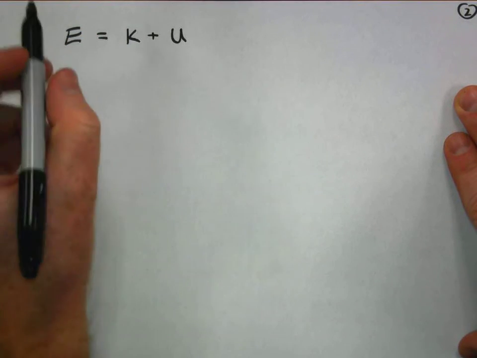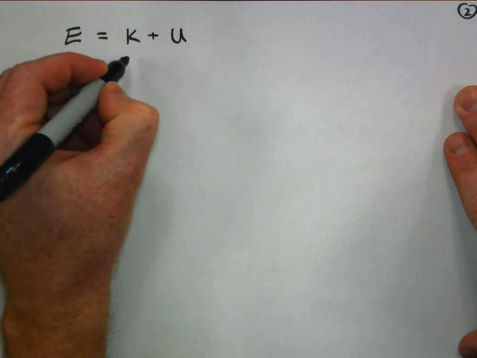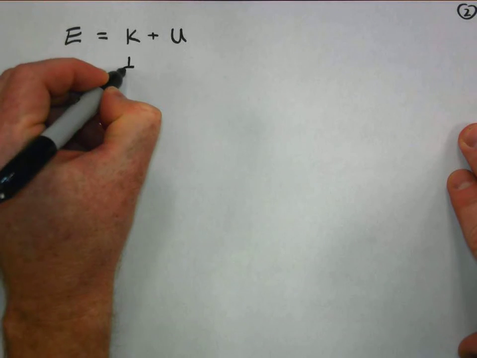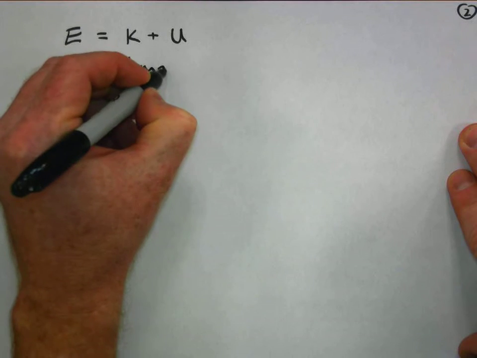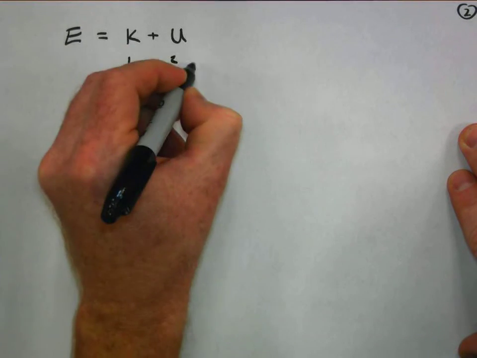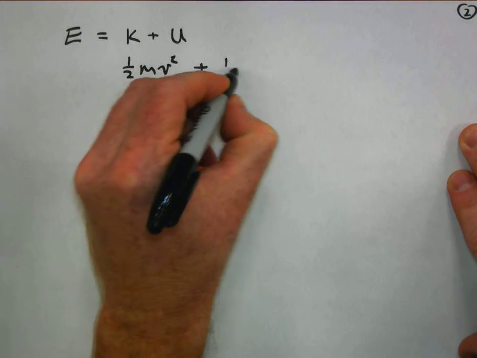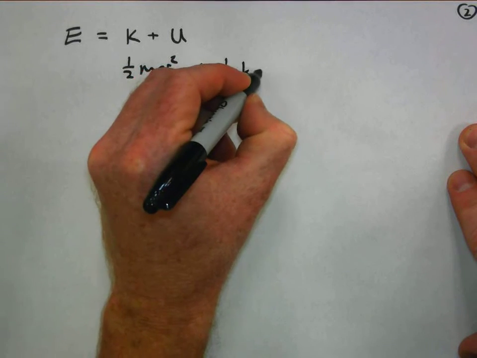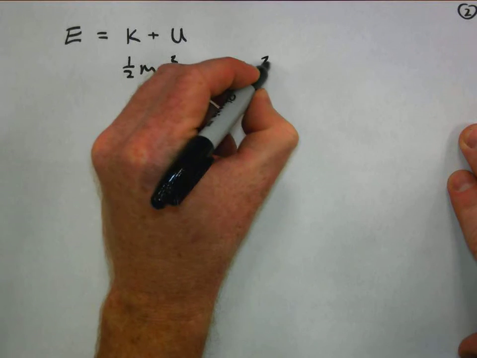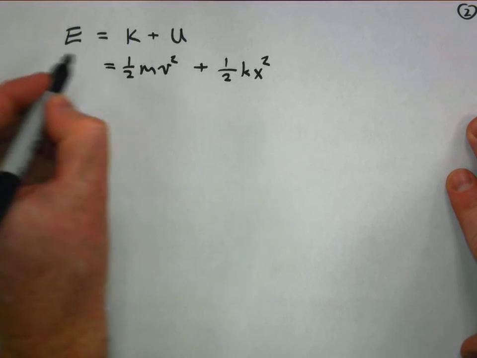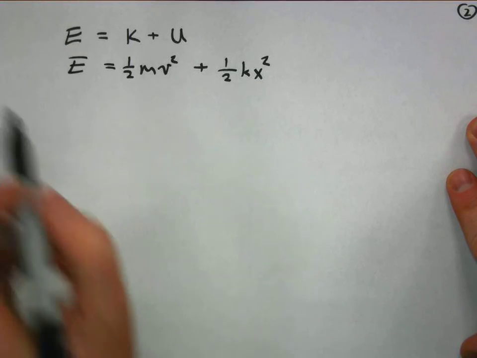Now, with a mass on a spring, kinetic energy is a mass and it has a velocity. So there you go. But now the potential energy of a spring is 1/2 k x squared, right? Okay, fair enough. And that gives us the total energy.